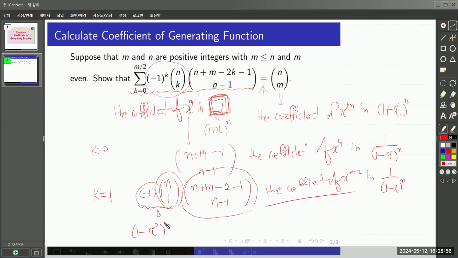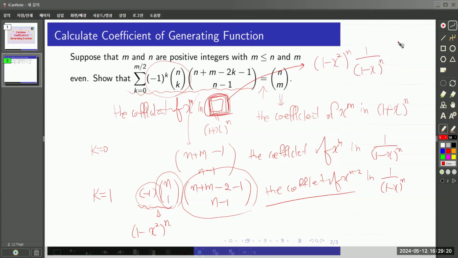So this looks like this maybe. So we probably guess this something looks like (1 minus x squared) to the n times 1 over (1 minus x) to the n.